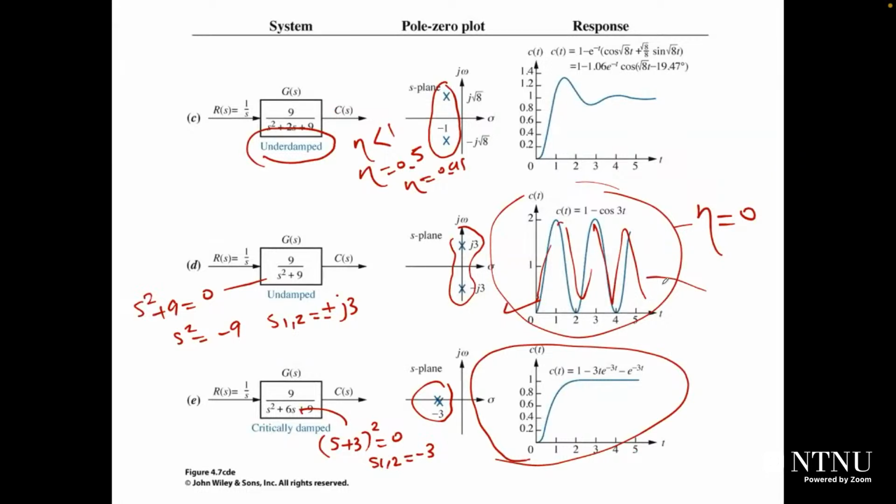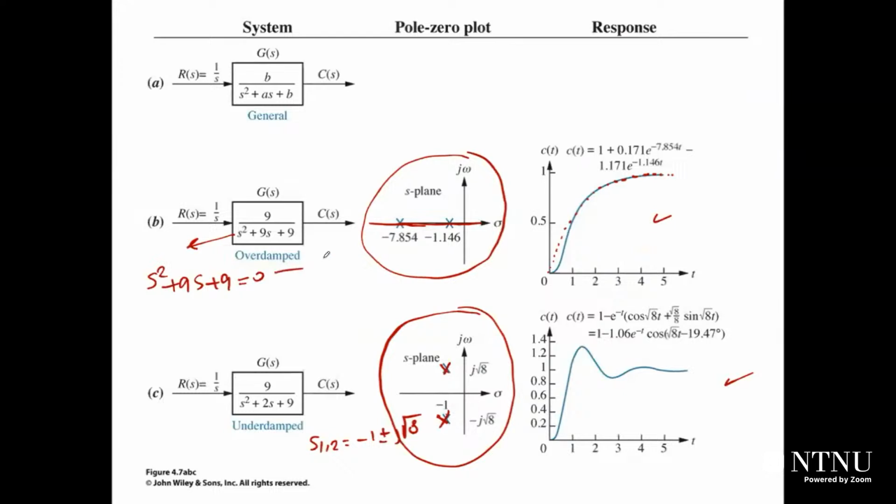The relative damping ratio here equals 0. But when it's greater than 1, in this case, it's a different case now. In fact, the two poles will be real. We will not have any imaginary parts. If they are repeated, it will be critically damped. And if they are distinct, it will be overdamped.